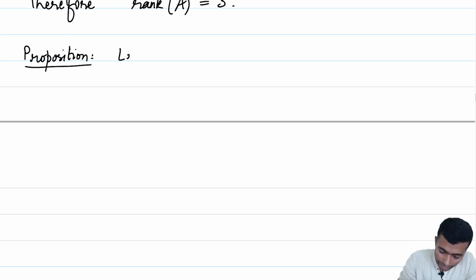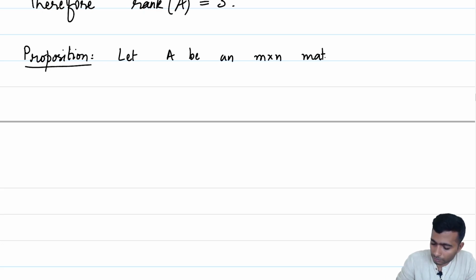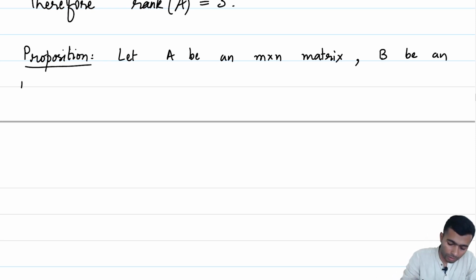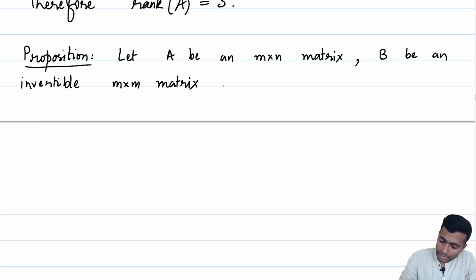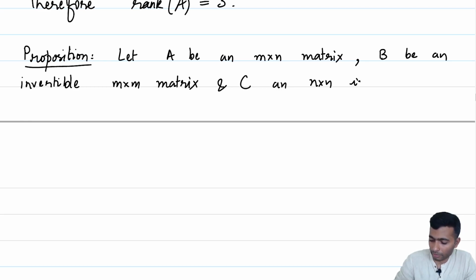So let A be an m cross n matrix, B an invertible m cross m matrix, and C an n cross n invertible matrix.